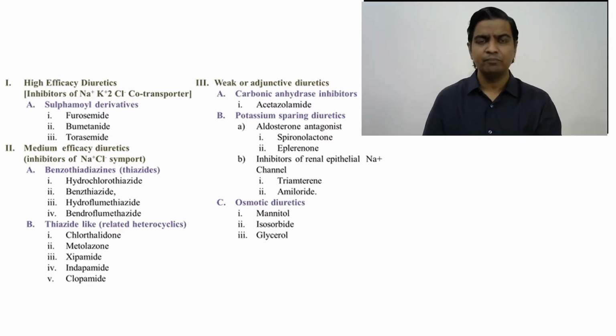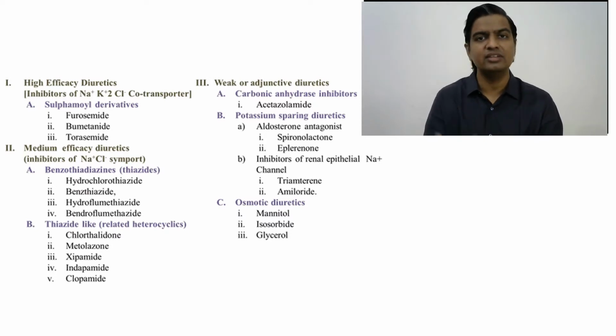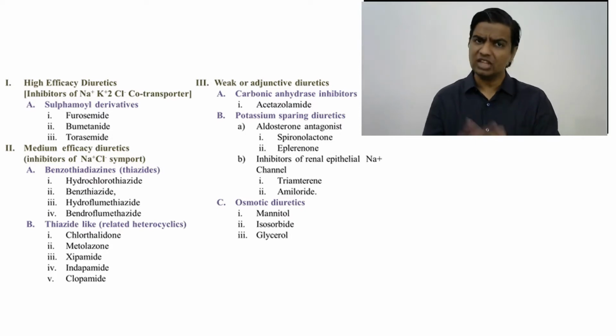And that brings me to the classification which is given in your textbooks. If you notice, the classification also goes the same way. At site 1 we really don't have many medicines working, right? But at site 2 and site 3 we have high efficacy and medium efficacy diuretics, and that's exactly what is reflected in your classification. High efficacy diuretics are the ones which inhibit the Na plus K plus 2 chloride co-transporter, which are furosemide, bumetanide, torasemide.